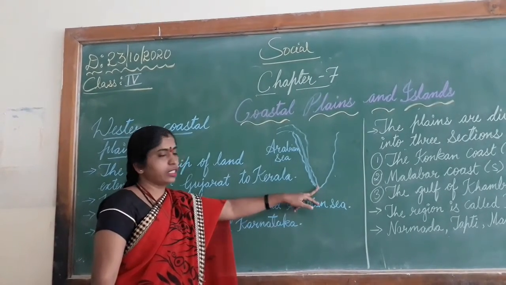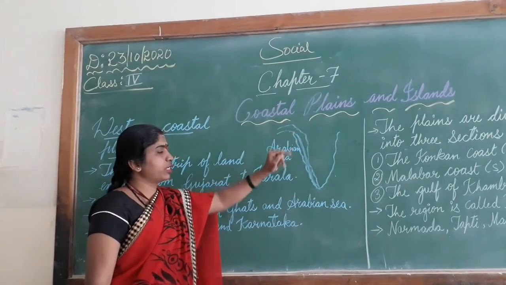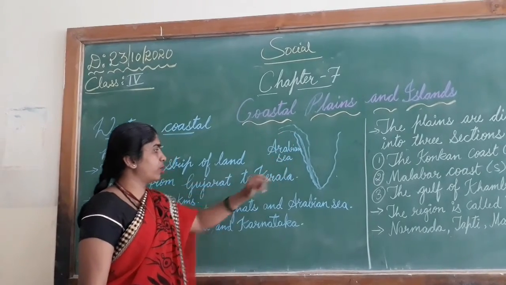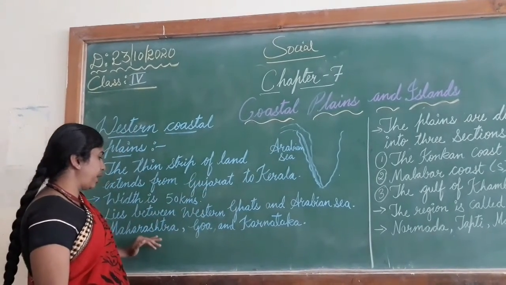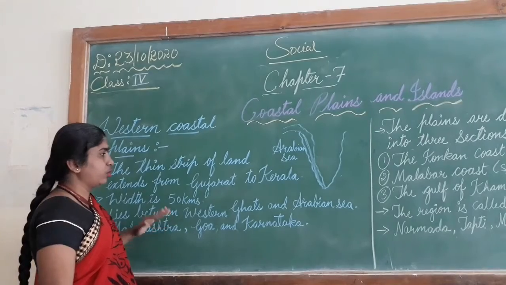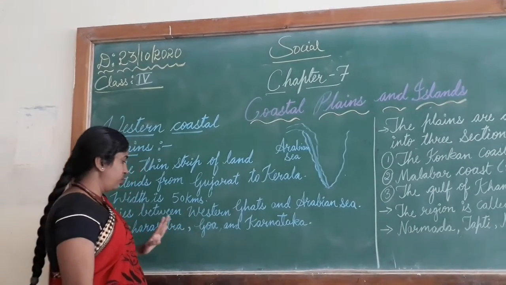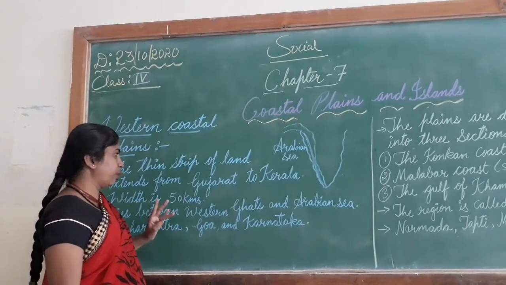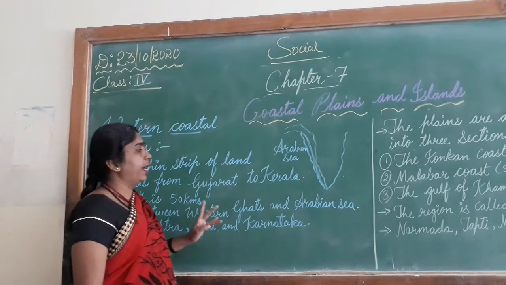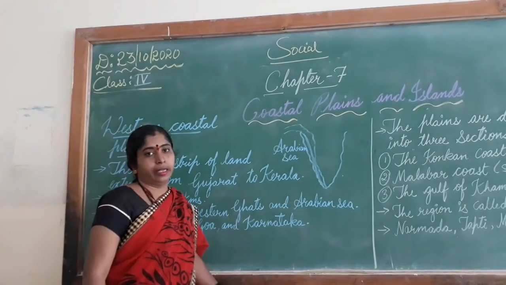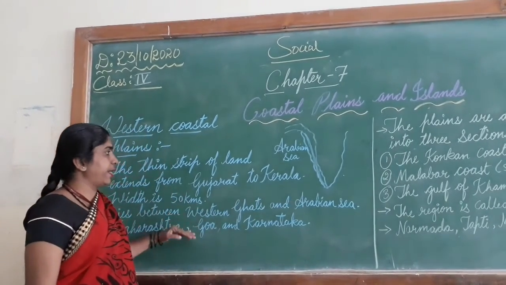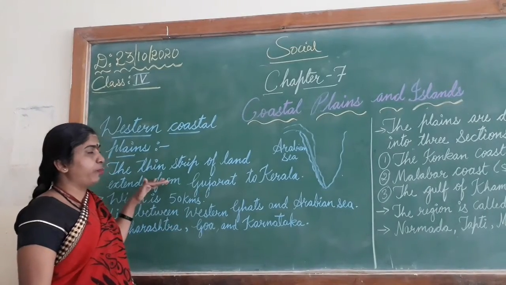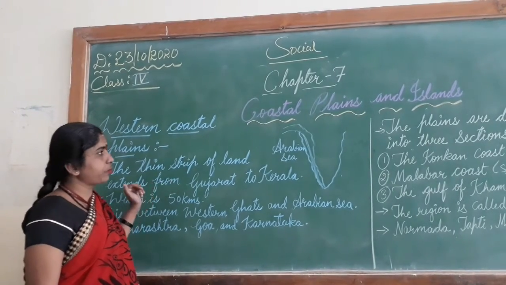The last one is Kerala and the first one is Gujarat. So it extends through a total of 5 states: first Gujarat, then Maharashtra, Goa and Karnataka, and the last one is Kerala.